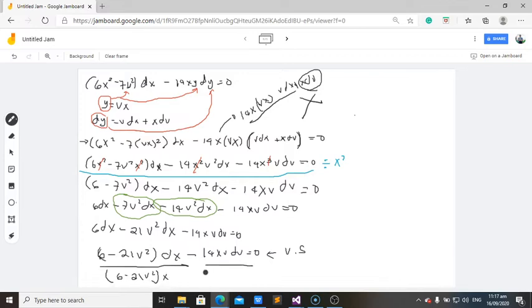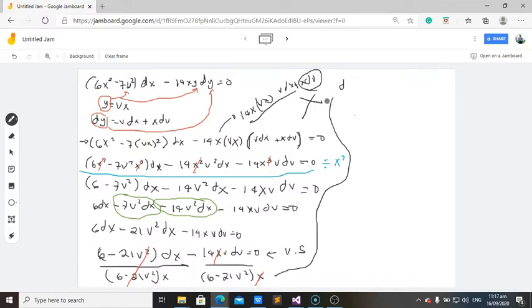So therefore you have 6 minus 21v squared times x. So we could cancel it out. So manay variable separable na ta, cancel ni and cancel ni x kung kining x. So we already separate this given differential equation.